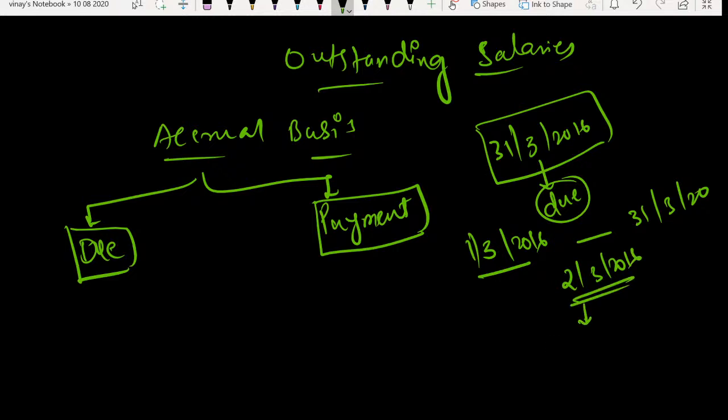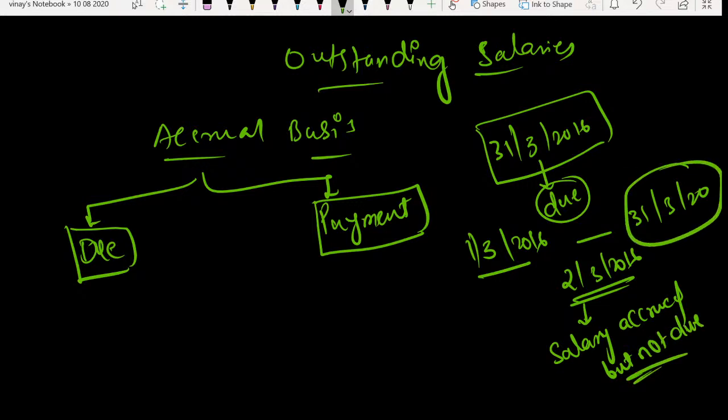We can say the salary is accrued but not fallen due, which means your due date will come on 31/3/2016, right?